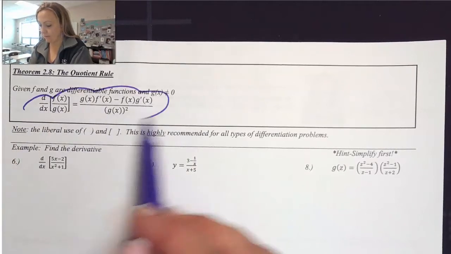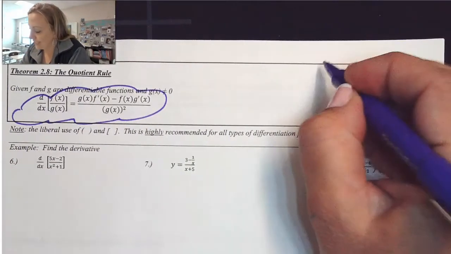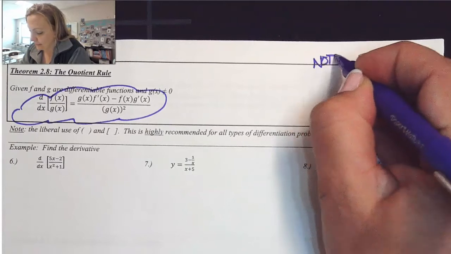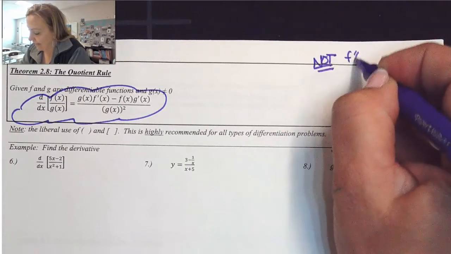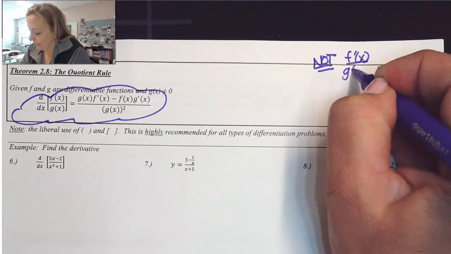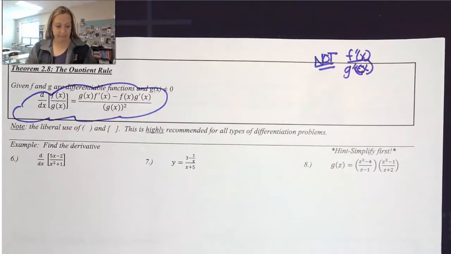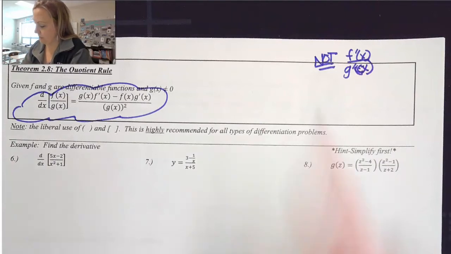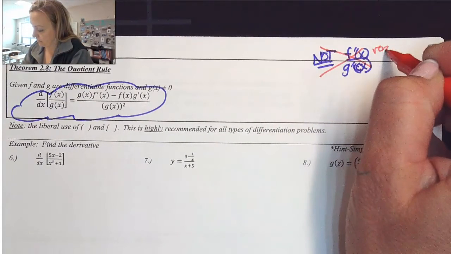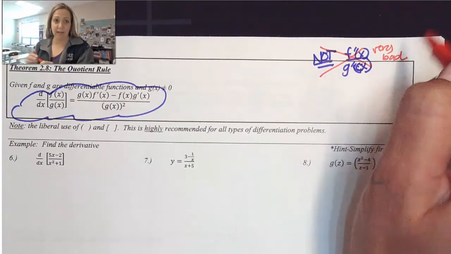So it's not f prime of x over g prime of x. This is very bad if you try to do that. I award you no points.